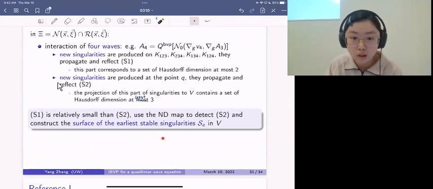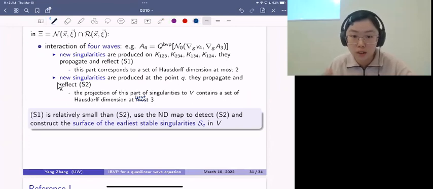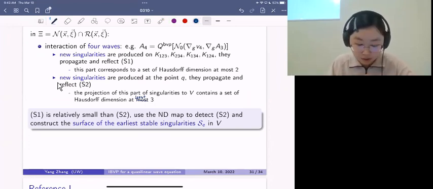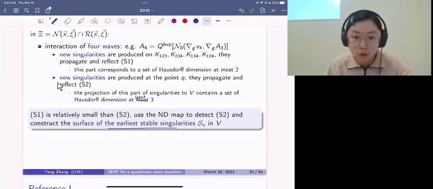This is not the earliest light observation set in general, because sometimes you might have some null geodesics which do not intersect at one point. If they do intersect at one point Q, then this is the earliest light observation set. Otherwise, we need to distinguish that situation.